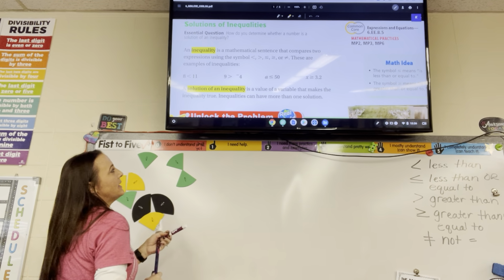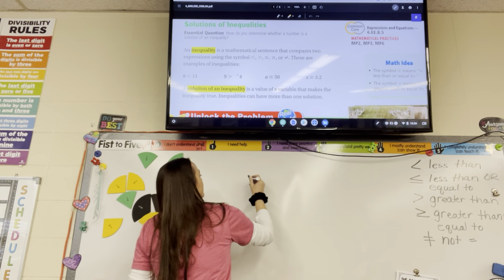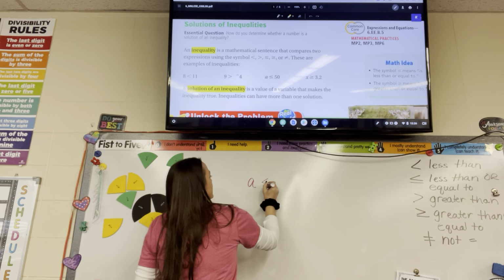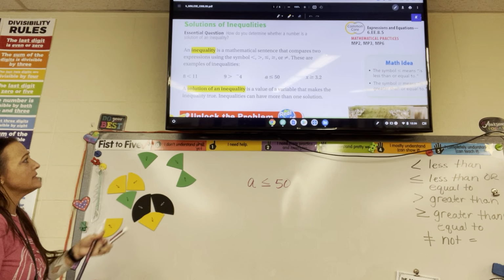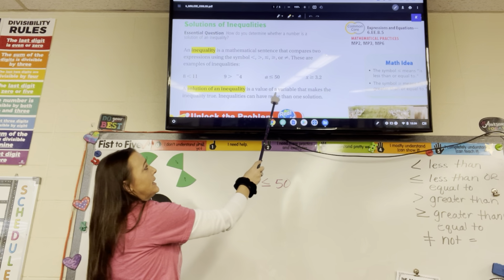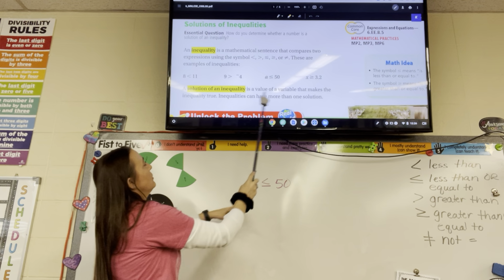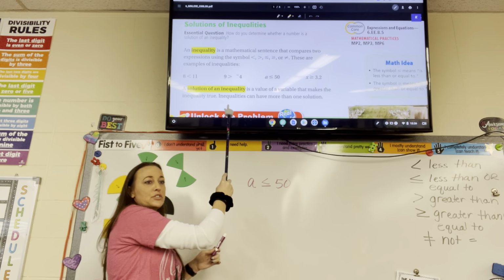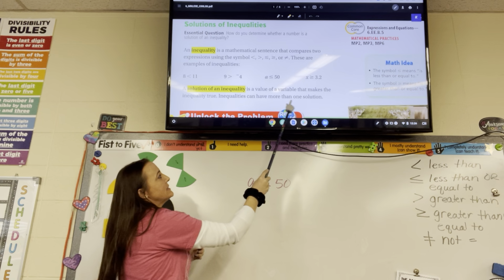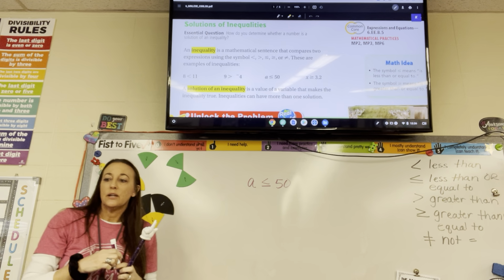A is less than or equal to 50. It says a solution of an inequality is a value of a variable that makes the inequality true. Here's the important point. Inequalities can have more than one solution.